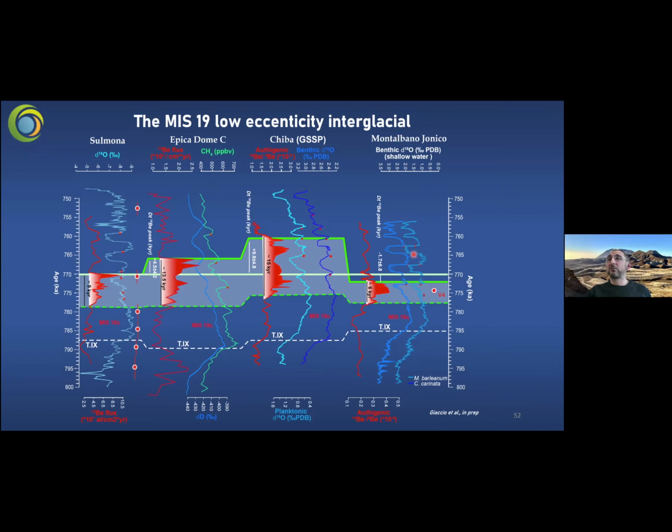Montalbano Iochimico, as I showed you, this is a marine record. We have also now barium-10 records. If you put all these records in their own chronology, this is our independent chronology based on Argon. This is a semi-independent chronology that is tied to V4 for the peak of barium.